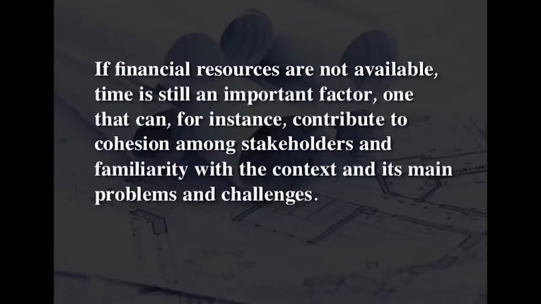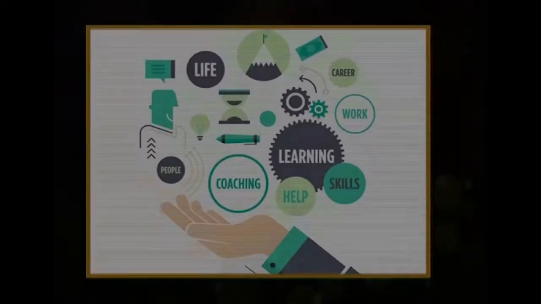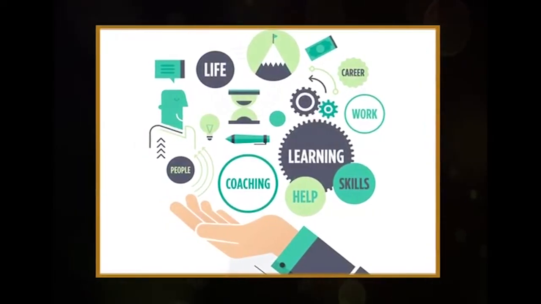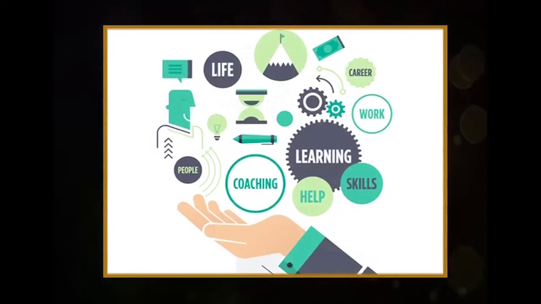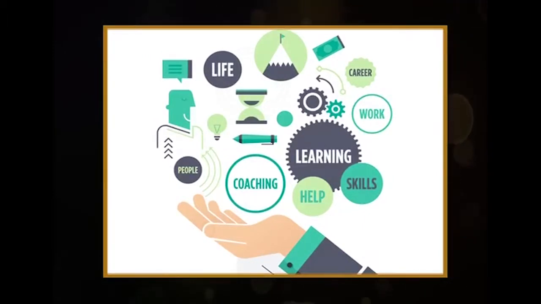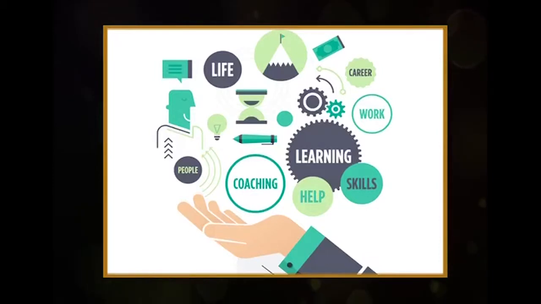If financial resources are not available, time is still an important factor, one that can, for instance, contribute to cohesion among stakeholders and familiarity with the context and its main problems and challenges. The project cycle management approach helps to ensure that projects are relevant to the real problems of the target groups and make the most of existing opportunities.